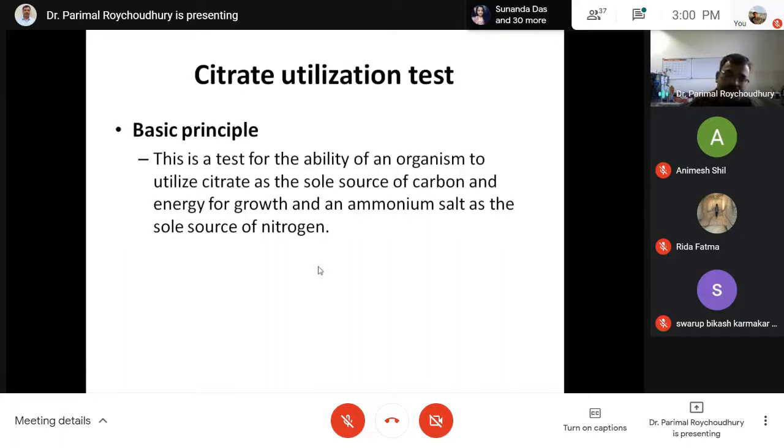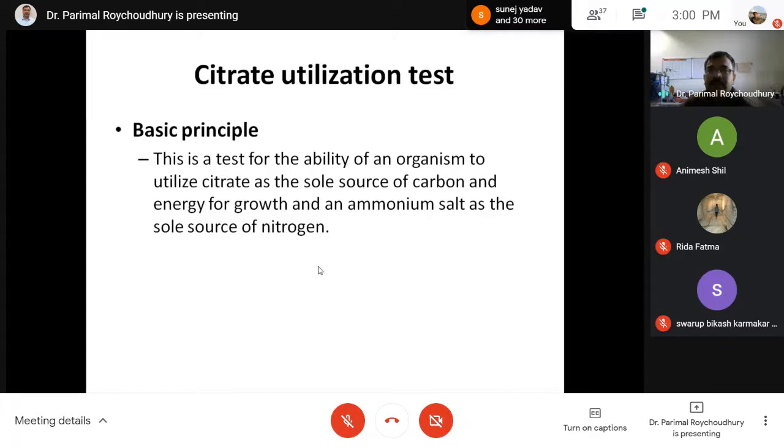As we learned in our earlier classes, the majority of bacteria are heterotrophic in nature, in the sense that they need reduced organic compounds like carbohydrates, proteins, and fats as a source of energy and carbon so they can grow and multiply. We call them heterotrophs.